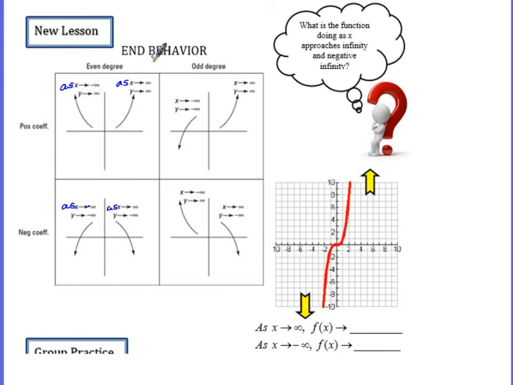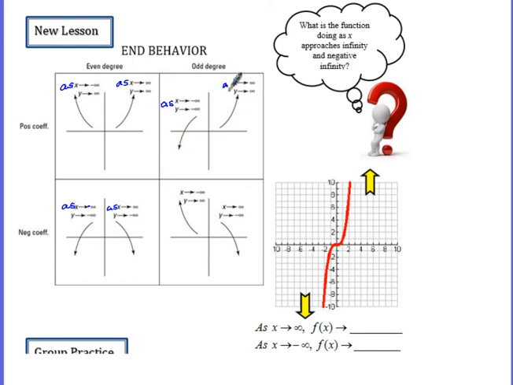When we talk about end behavior, from the name, we're talking about the ends, the left end and the right end. Sometimes one end is acting differently than the other. So on this one, as x goes to negative infinity, as we move further and further left, it goes down to negative infinity for the y values.